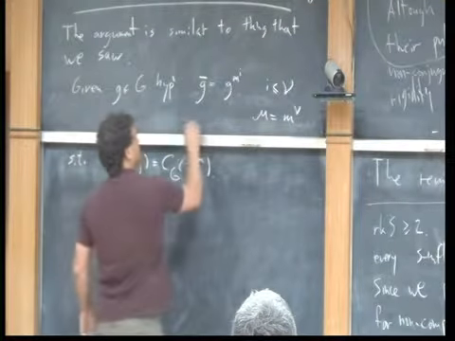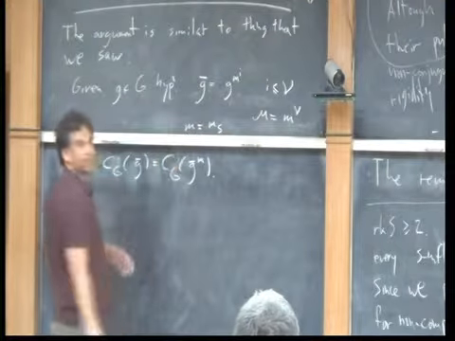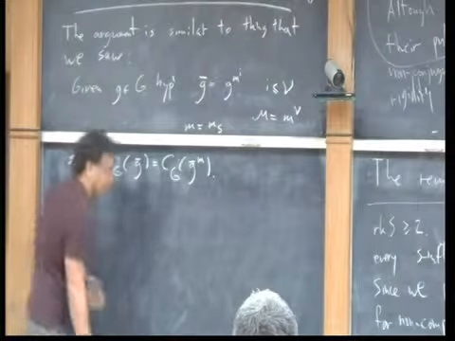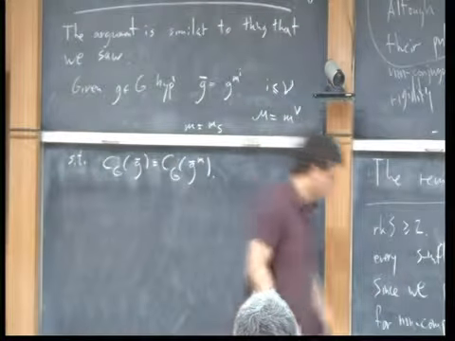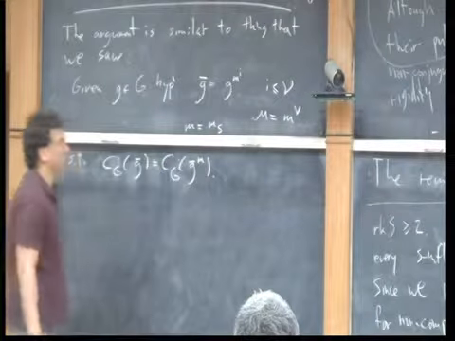M is the constant for Margulis level. Okay, we could replace every element by some power. And okay, this is one thing I have to remark.